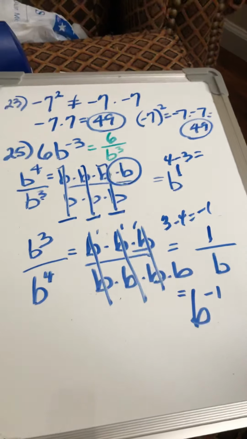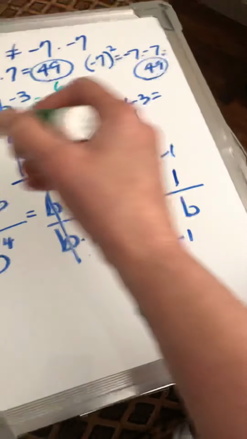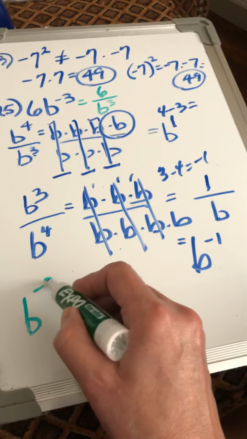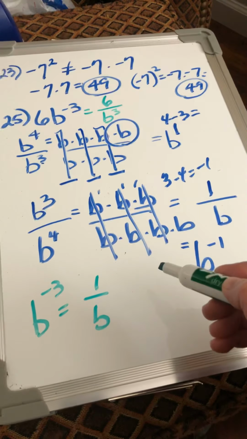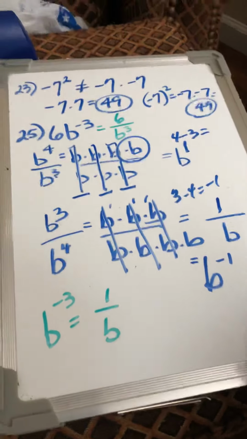Only positive exponents are simplified, right? Because if we have b to the negative 3 power, that's really 1 over b cubed, right? But then we had that 6 to deal with there. So there's notes for that. One moment, please.